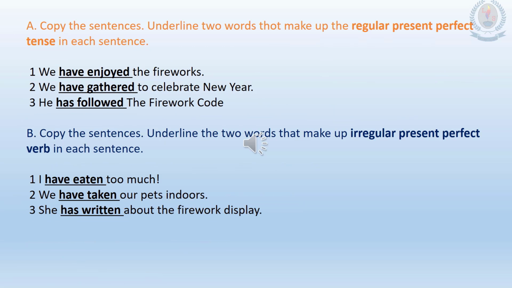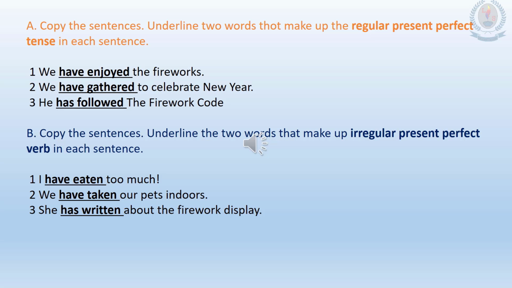Copy the sentences. Underline two words that make up the regular present perfect tense in each sentence. So what you have to do, children, is underline only the two words that make up regular present perfect tense. Number 1, we have enjoyed the fireworks.